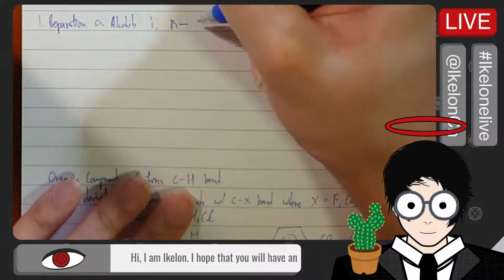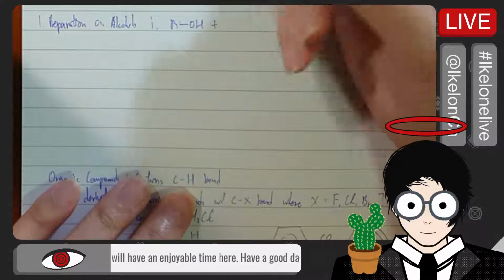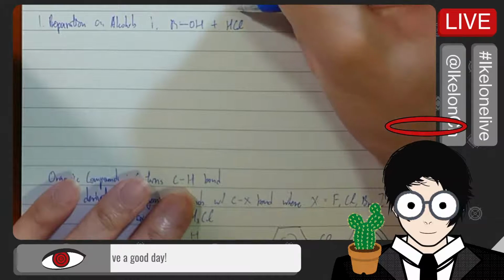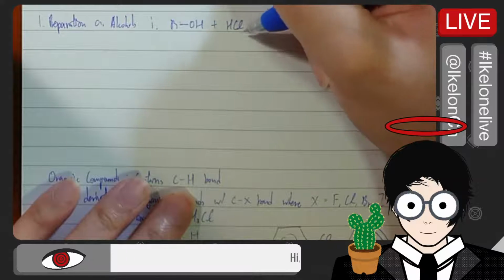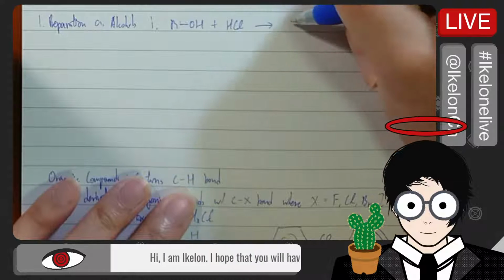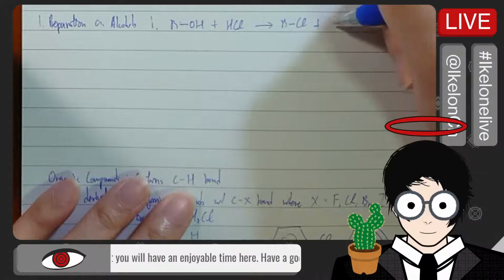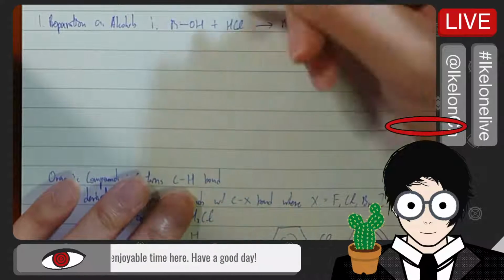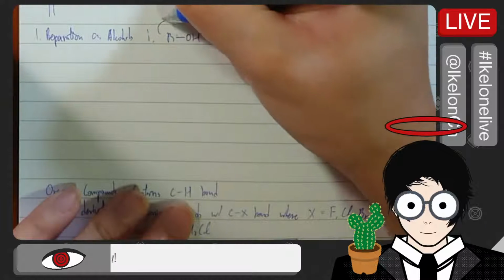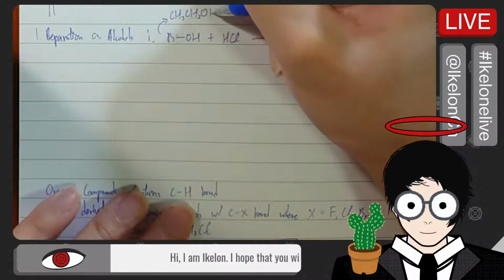So an example of this would be an alcohol, ROH, and a hydrogen halide, so hydrogen chloride, let's say. It could be bromide, it could be iodide, it's any of the 3. And then you get a halogen derivative and water. So you can imagine this as, let's say, CH3CH2OH.